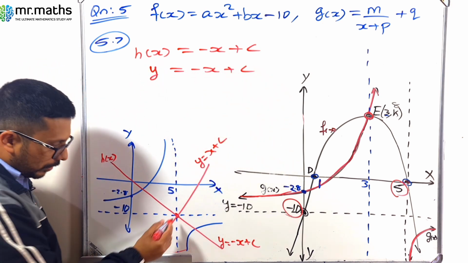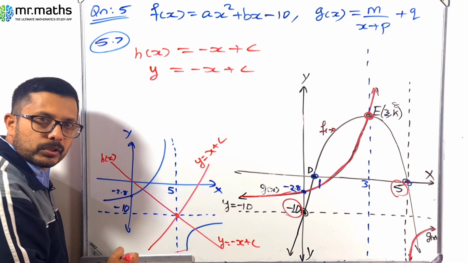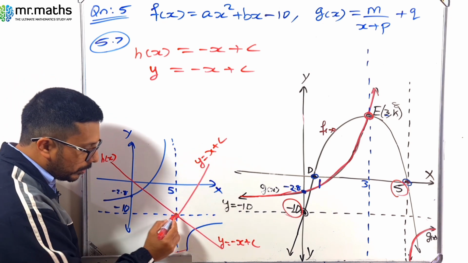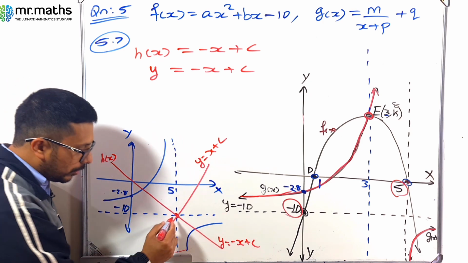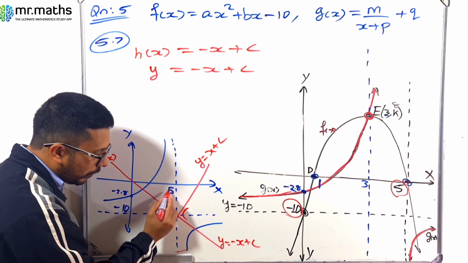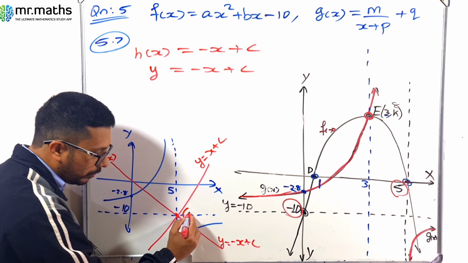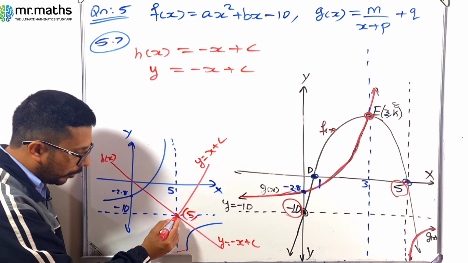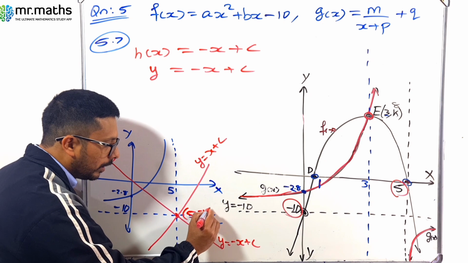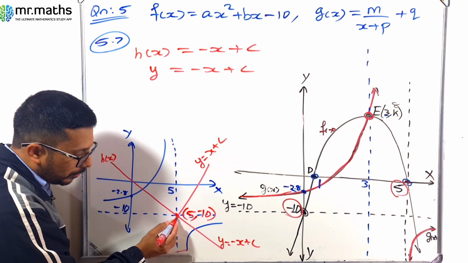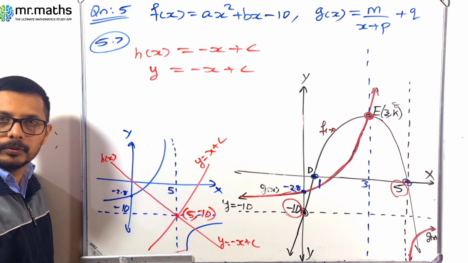Now you know that both axes of symmetry pass through this intersecting point of the asymptotes. At this point, what is the x value? It is 5. What is the y value? Minus 10. So the coordinate is 5 comma minus 10.